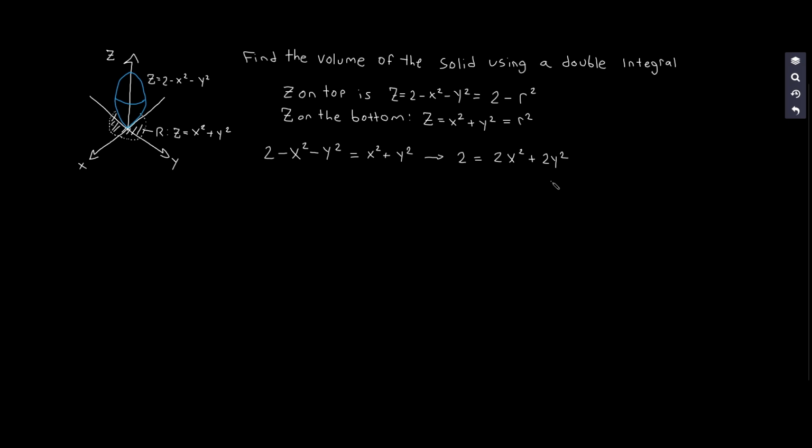But then if I divide both sides by 2, I'm going to have 1 equals x squared plus y squared.